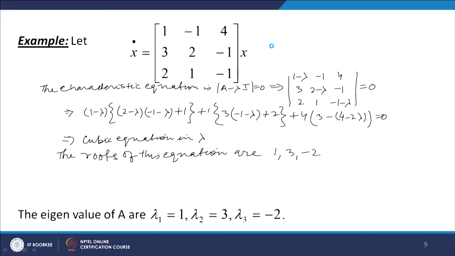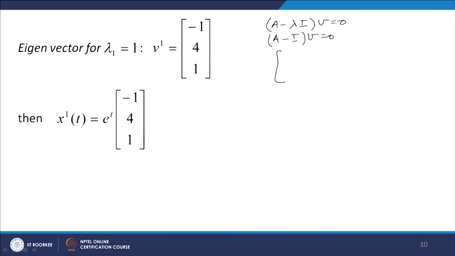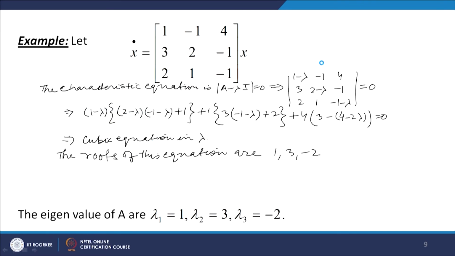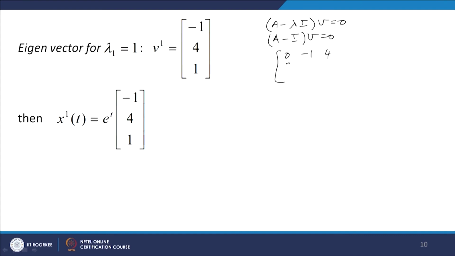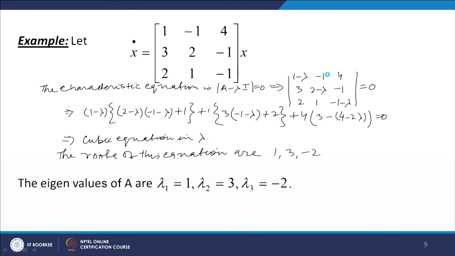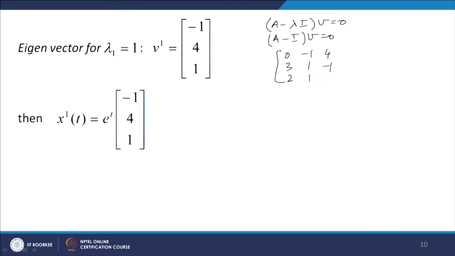So, we get 0 minus 1 4, that is the first row, 0 minus 1 4, then we get 3 1 minus 1, and then we get 2 1 minus 2. Let us say vector v is b1 b2 b3, right hand side is 0 vector. So, now we have to solve this equation.